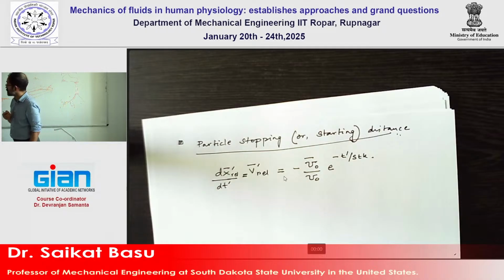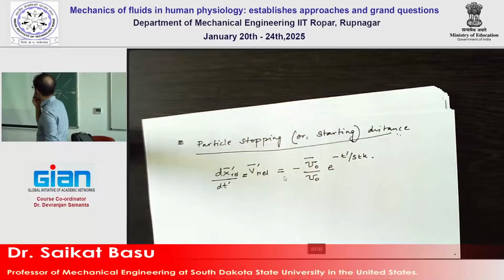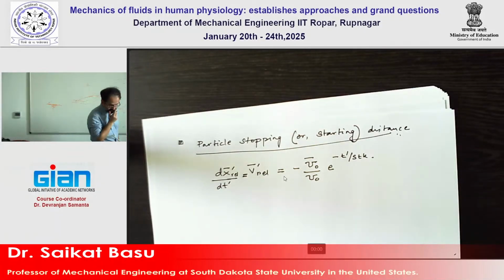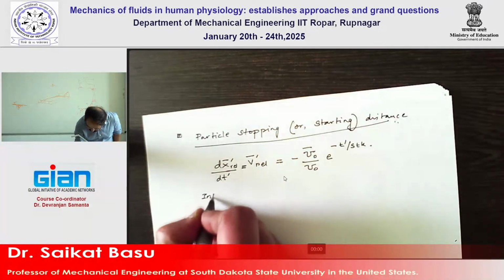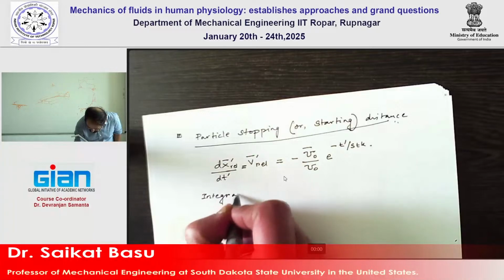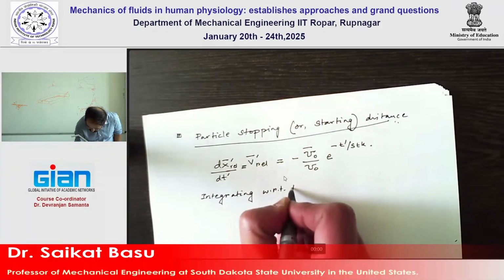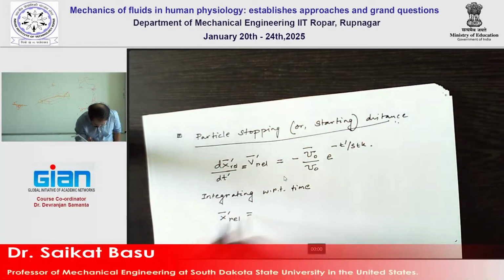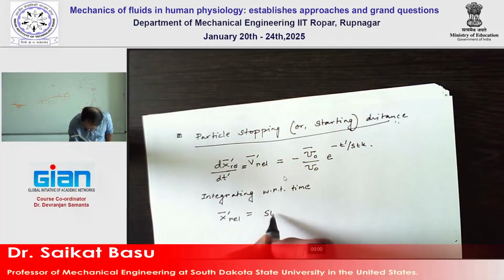So this x bar prime relative is the dimensionless spatial coordinates of the particle. Okay, so let's try to integrate this with respect to time. So integrating with respect to time, we get x relative prime is equal to Stokes number.